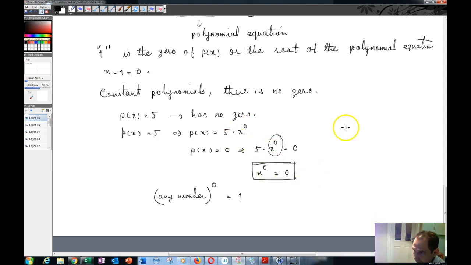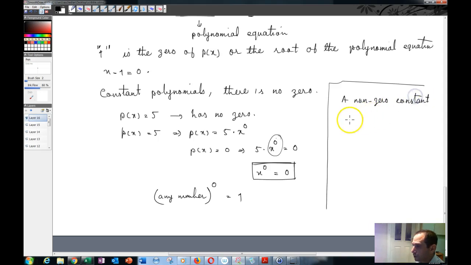So basically then you can briefly say that a non-zero constant polynomial has no 0. Okay?